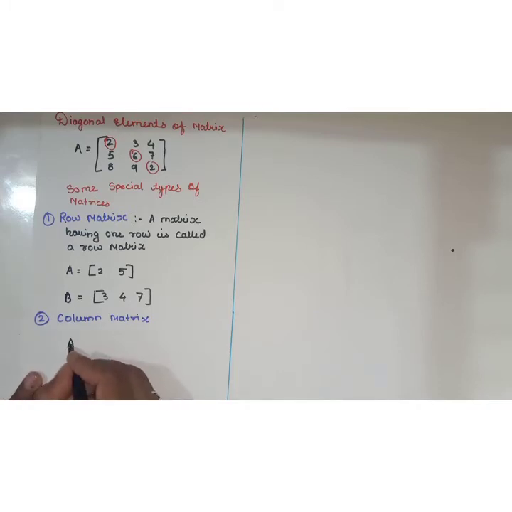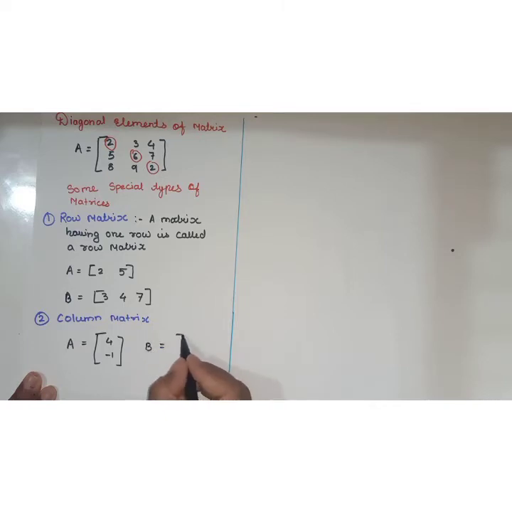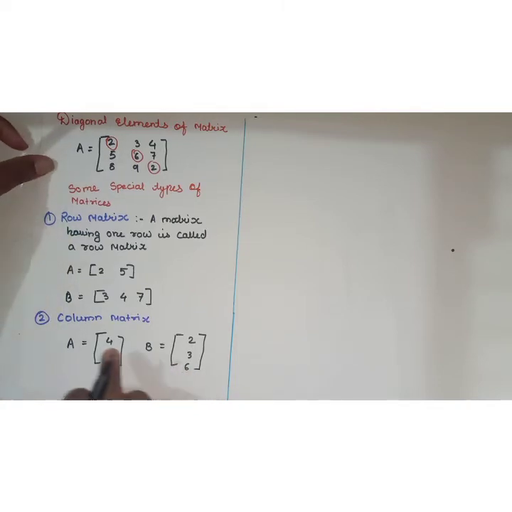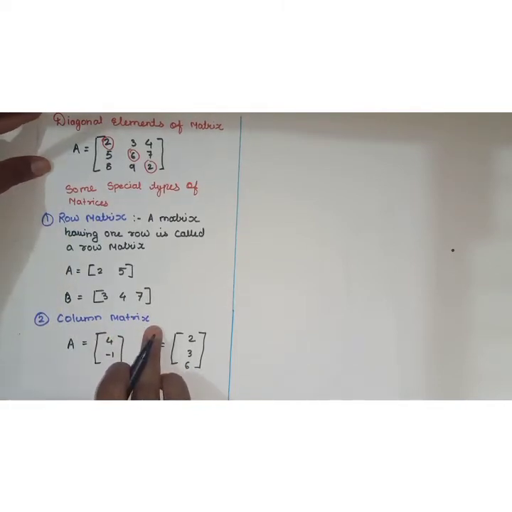For example, A equals 4, minus 1, 2, 3, 6. How many columns is it having? It has just one column. That's why we call it a column matrix.